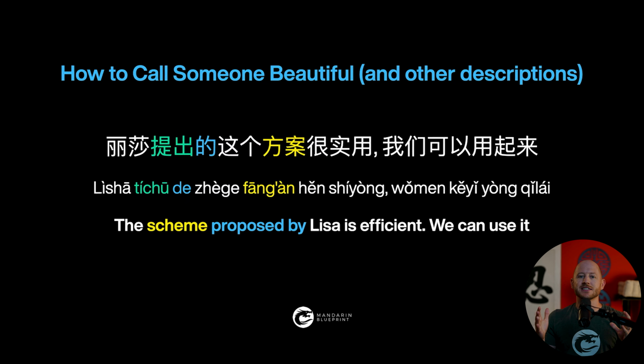So look at this sentence. It's all about 方案, because even after we say 很实用, so very or is practical or is efficient. And I love that. So we can see that when you have this description tool in your back pocket, you can take almost anything and keep adding stuff to make it even clearer what you mean.